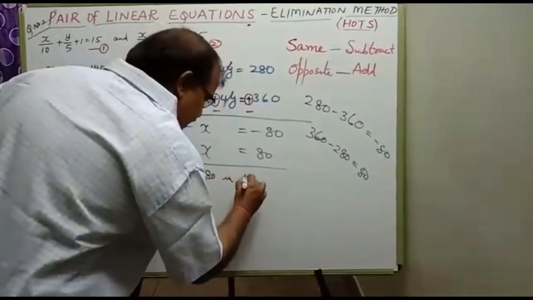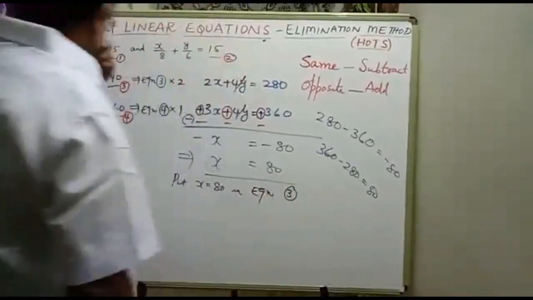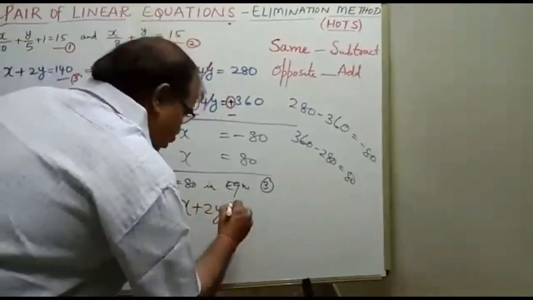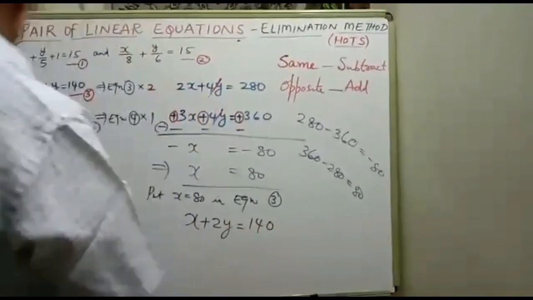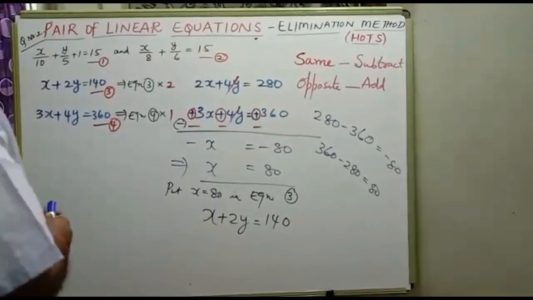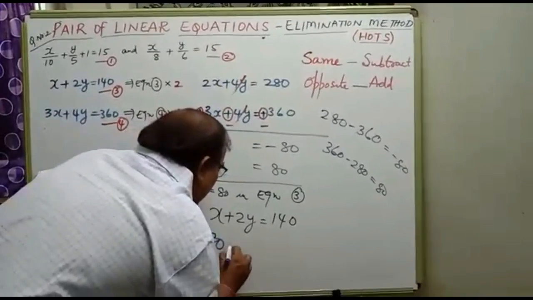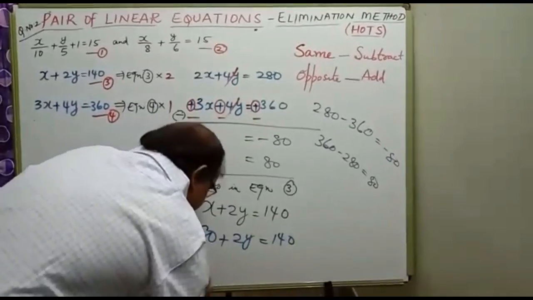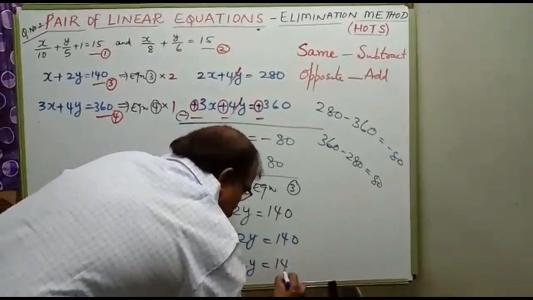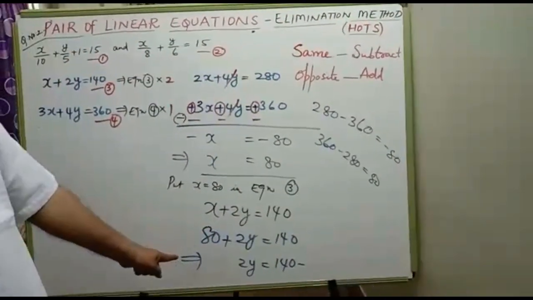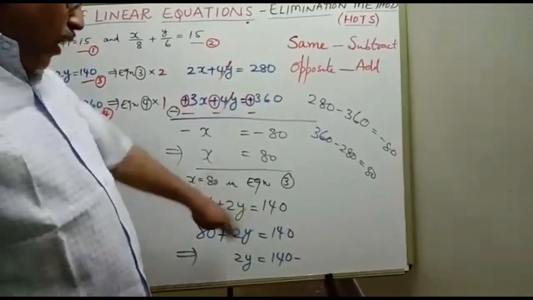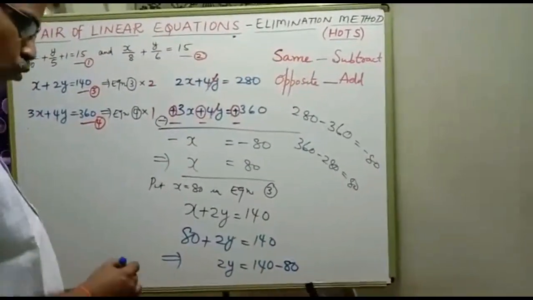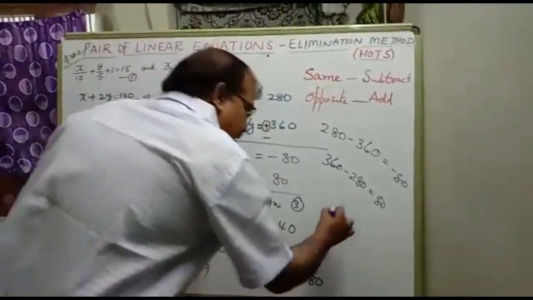So in equation 3, what is equation 3? x plus 2y is equal to 140. The x value is 80. So 2y is equal to 140 minus 80, transposing 80 from LHS to RHS as minus 80.